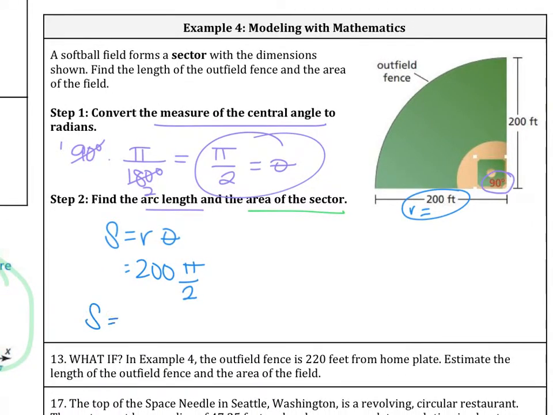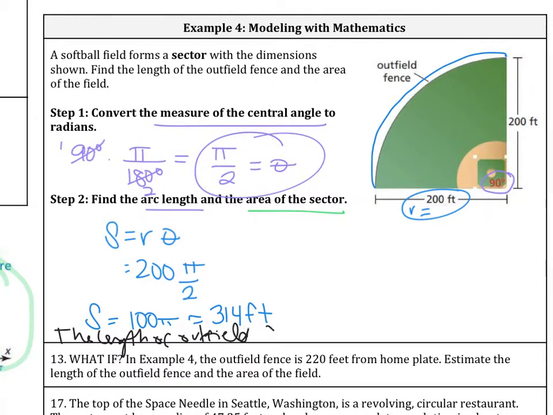So this is 100 pi, and then for word problems, we're going to go ahead and multiply the pi through. So this is approximately 314 feet. Okay, so that is the arc length, this length here. So you can write a sentence: the length of the outfield fence is approximately 314 feet.